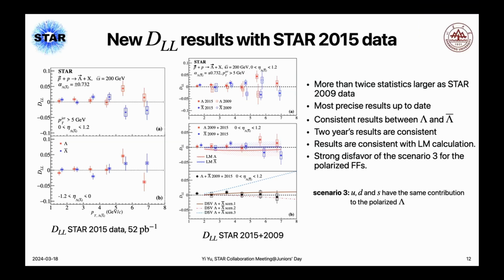Scenario 1 is according to the SU(6) wave function of the lambda. In the wave function, we know only the strange quark is polarized. That is how scenario 1 comes about. Experimentally, we need to test it, but currently the statistics are not enough to discriminate between scenario 1 and scenario 2.